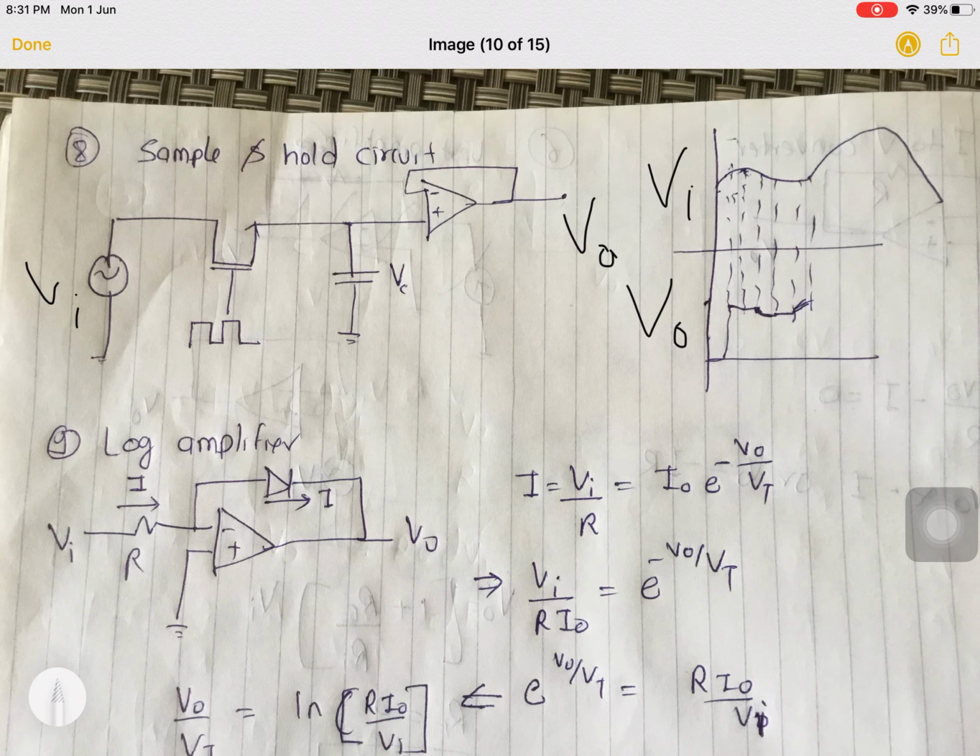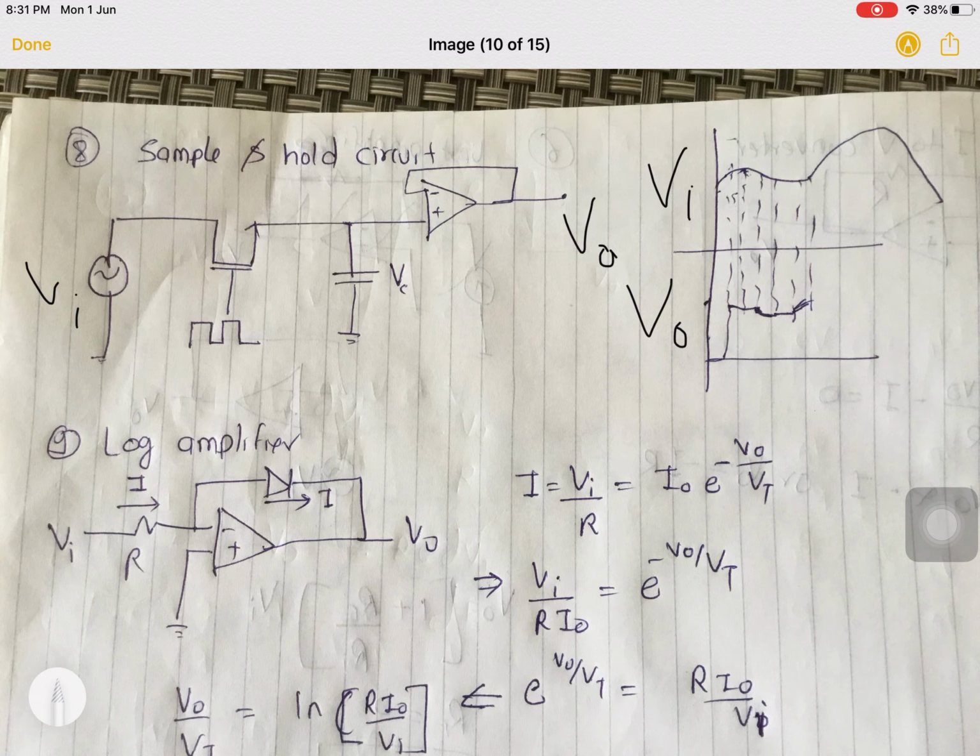Since the net resistance in the charging path is almost zero, assuming an ideal MOSFET as a switch, it will charge in almost zero time. Charging in zero time means it will follow the input identically.